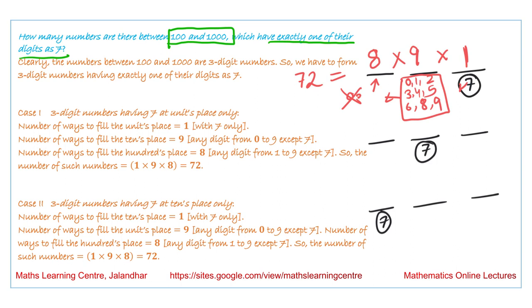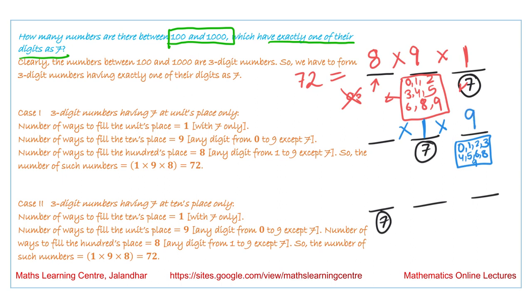In the second case, 7 is over here, so we have only one option at this place. At this place we can have options 0, 1, 2, 3, 4, 5, 6, 8 and 9. So the total number of options we have is 9.